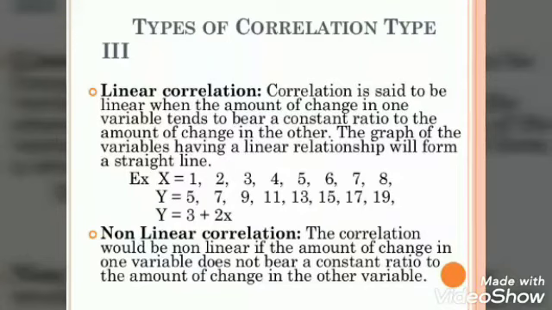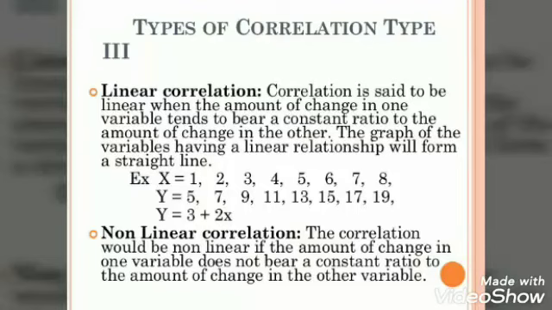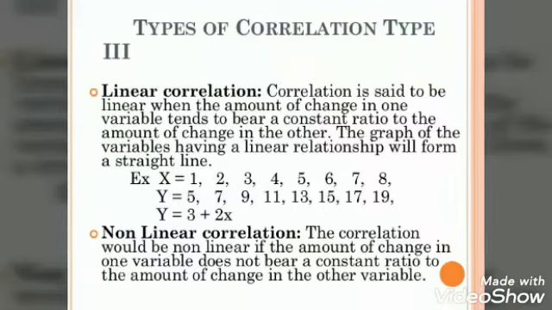And another variable, B, is jumping from 5 to 10, 10 to 15, 15 to 20, 20 to 25, 25 to 30 and 30 to 35. Now see over here, the B variable also changes, but by 5 units. You got it?